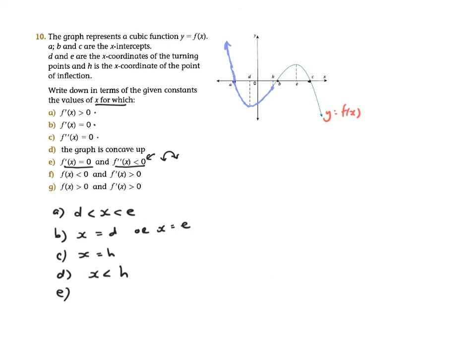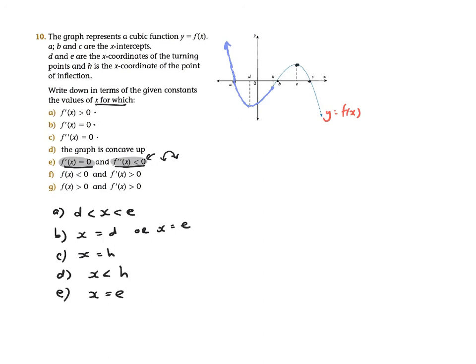So in other words, they're asking you which stationary point will be where there's a negative concavity, when it concaves downwards. That, of course, would be at x is equal to e.